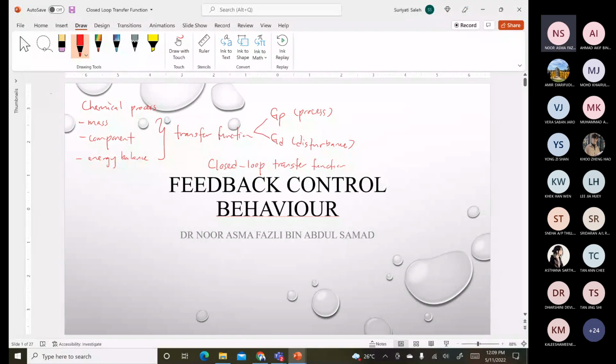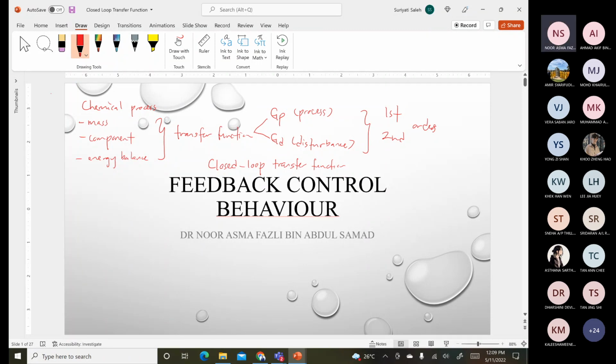So in this case, what we have learned so far is that based on the obtained transfer function, we develop it in the form of a first or second order transfer function.